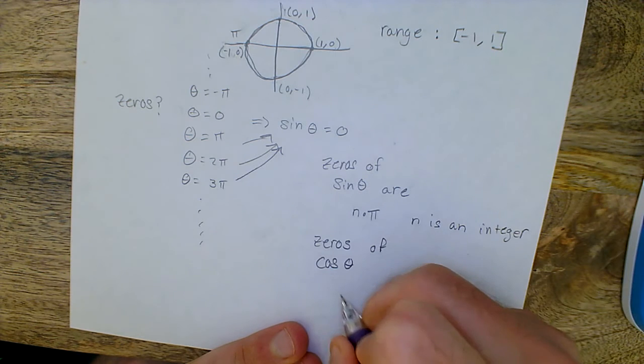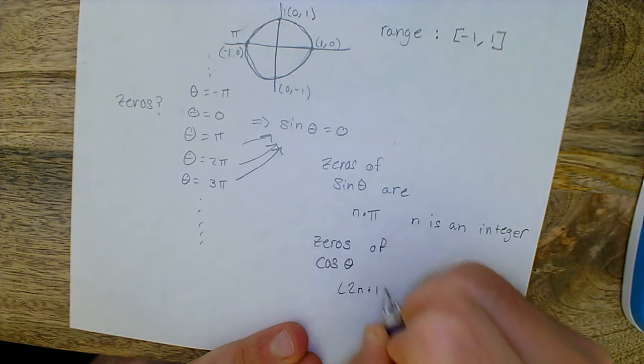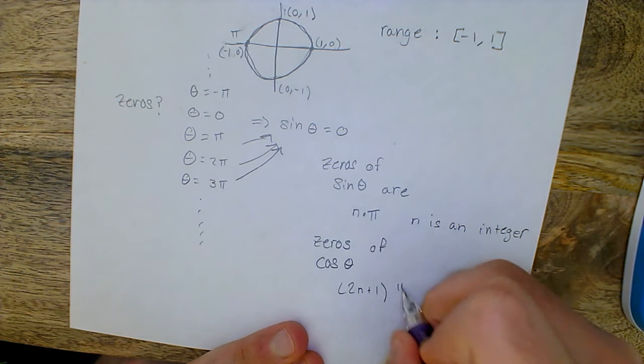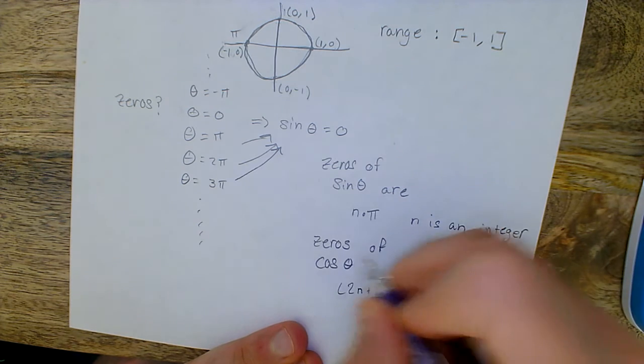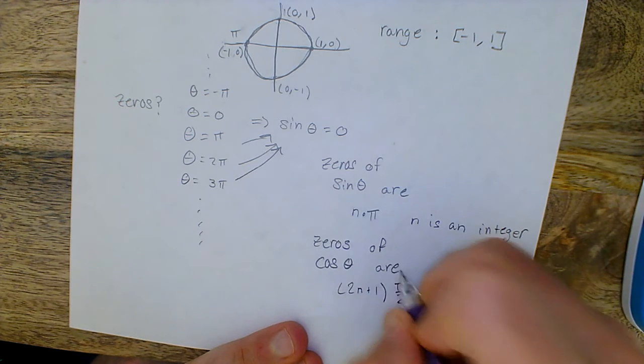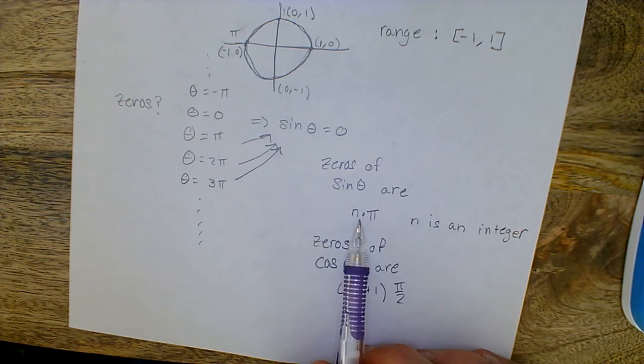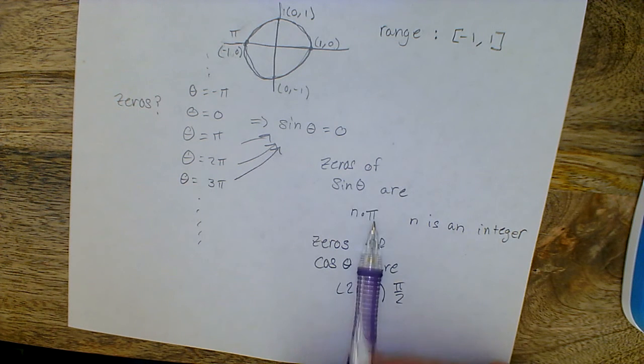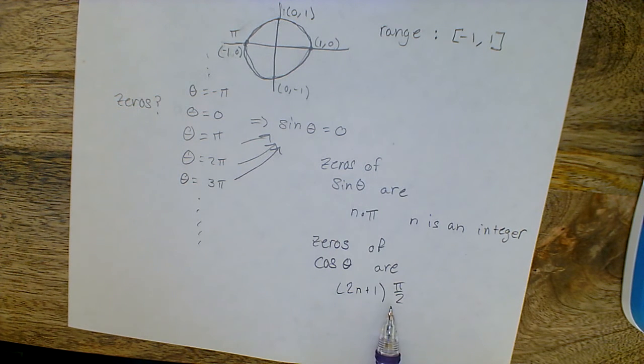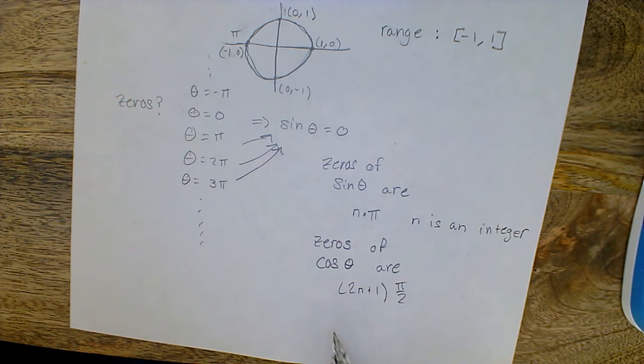The way you can express that is 2n plus 1 times pi over 2. So the zeros of sine are multiples of pi, and the zeros of cosine are odd numbers times pi over 2.